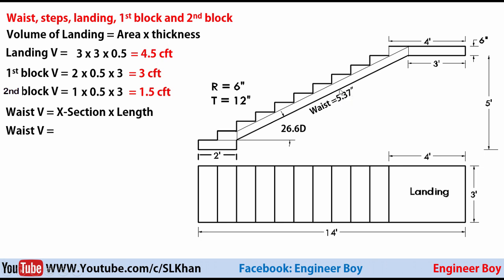Converting this into feet, we get 0.4475 feet as the waist thickness. The breadth of the waist is the same as the breadth of the landing, 3 feet, and then the length. The length is a little tricky here. We'll calculate it by trigonometric ratios or by the Pythagorean theorem.